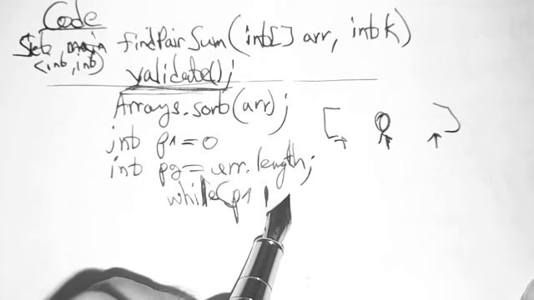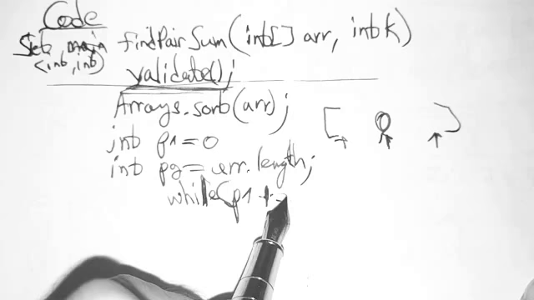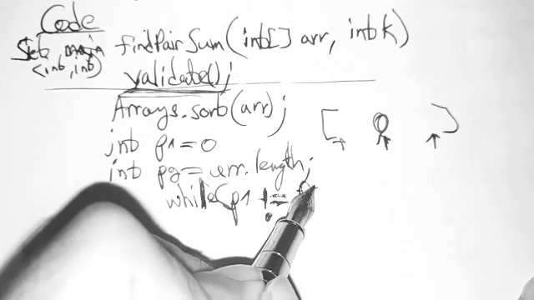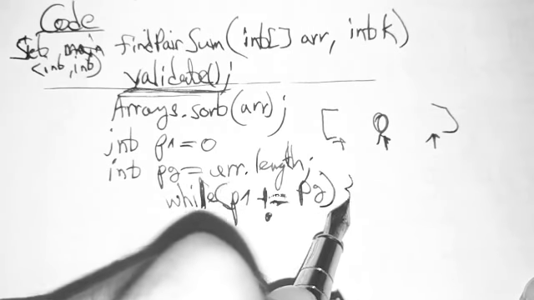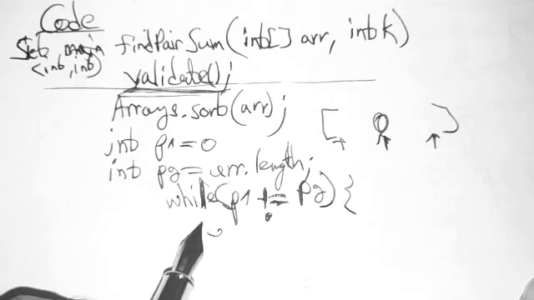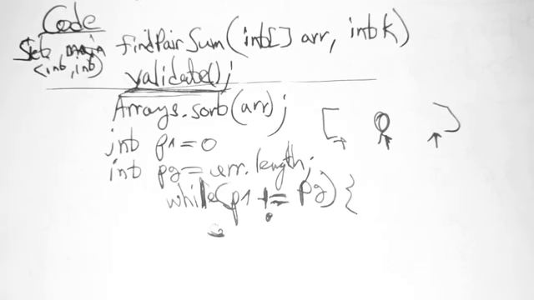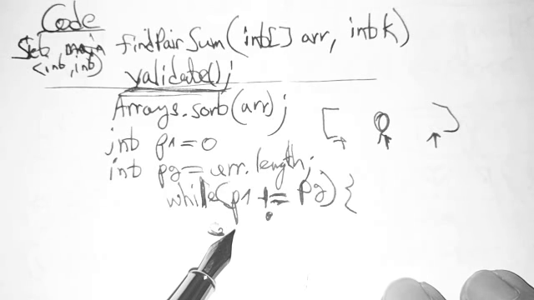So as long as pointer 1 is not equal to pointer 2, then we simply record what is our current sum.